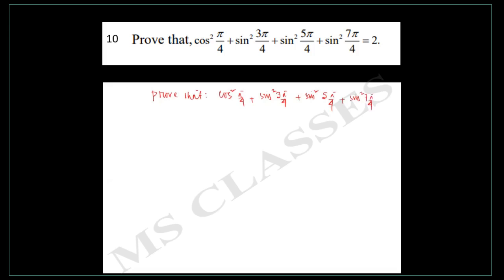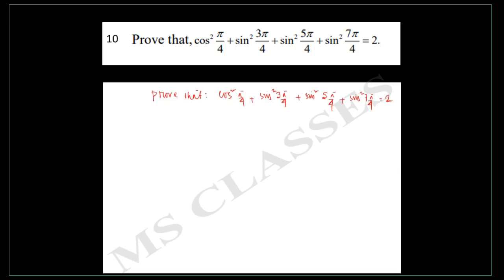Now, whenever the expression is given, this is equal to 2, which you have to prove. The proof part is this one. The question has told us to prove that cos square pi by 4 plus sine square 3 pi by 4 plus sine square 5 pi by 4 plus sine square 7 pi by 4 equal to 2. So this is what we need to prove.